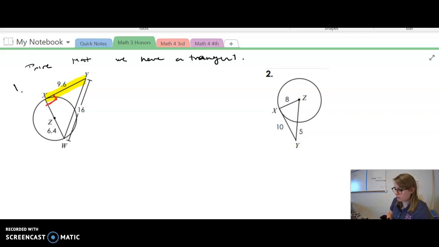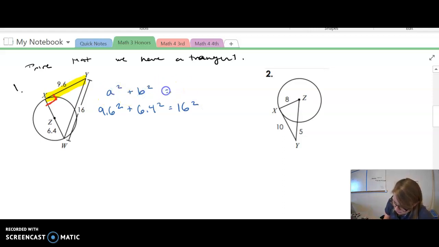So what we're going to do is have our legs. Now remember, legs are connected by that right angle, so we have 9.6 squared plus 6.4 squared equals 16 squared. And if you need a refresher on the Pythagorean theorem, it's a squared plus b squared equals c squared, c being our hypotenuse.